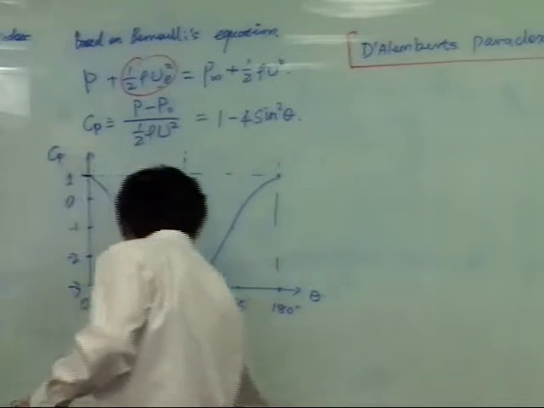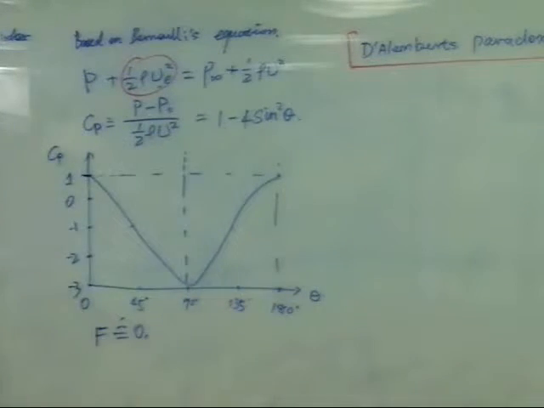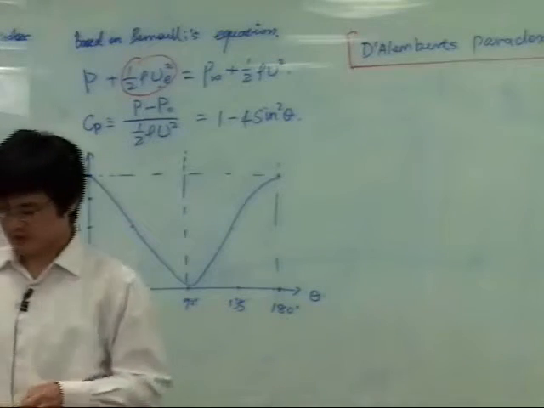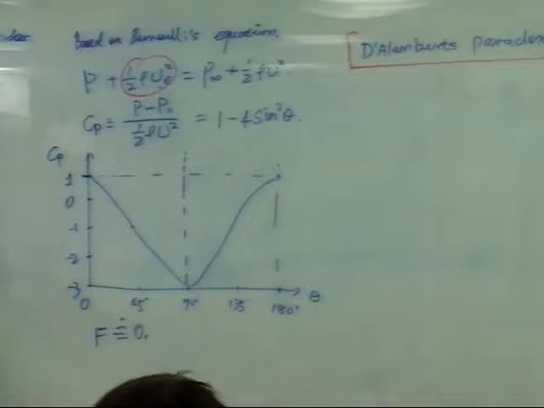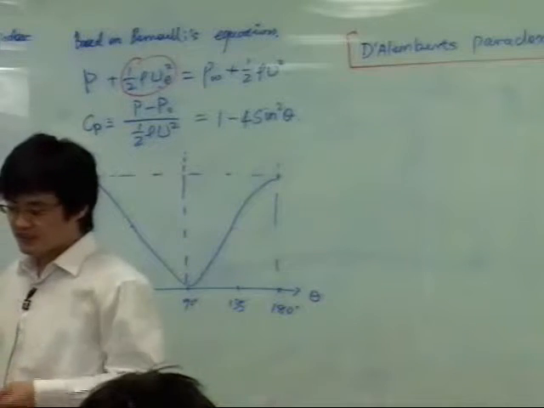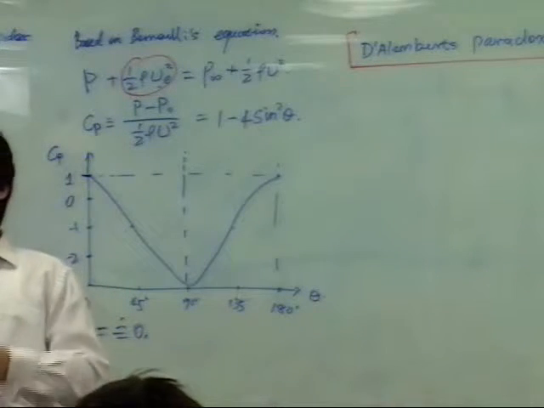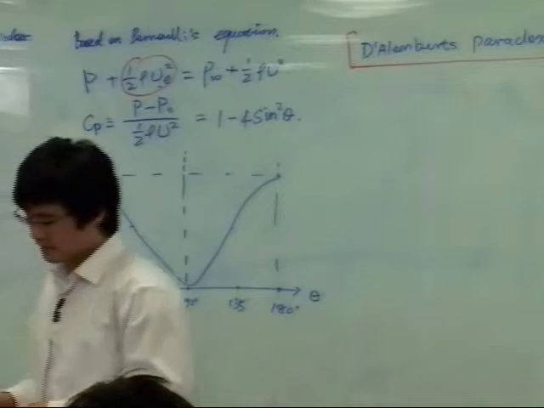Which term? Actually, there are lots of terms, but mostly because we assume non-viscous flow. In reality, there is always viscosity, and close to the surface of this cylinder, we have boundary layers and flow separations.